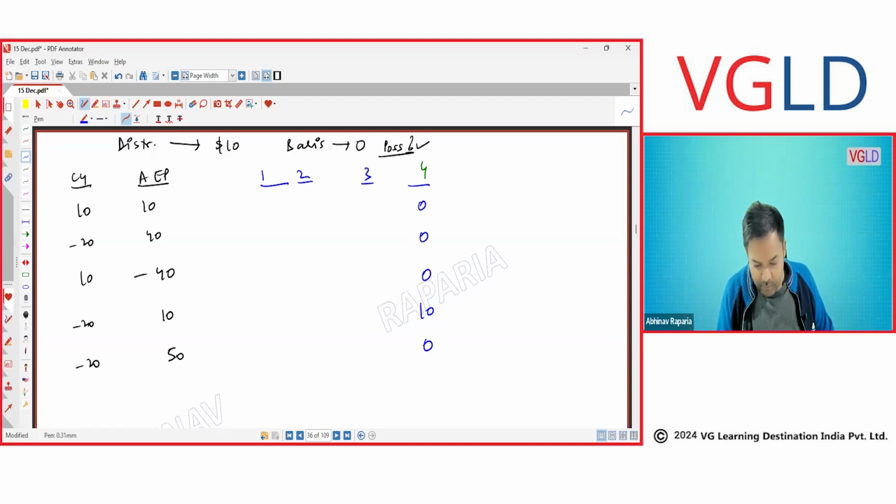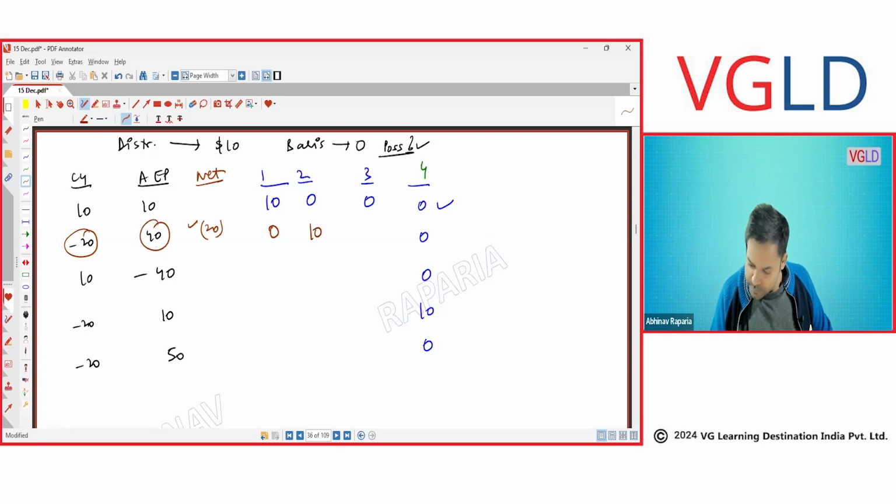Distribution, I am having, there's no question about netting off. Distribution is 10. So 10, 0, 0, 0, 0. Correct. Then this is current year is negative and this. Should I net them off? Minus 20 and 40. Yes. So net value is coming 20. So again, 0, 10, 0, 0.